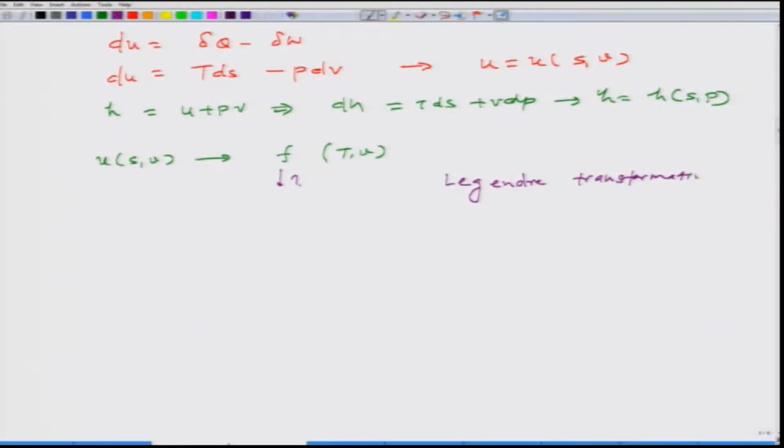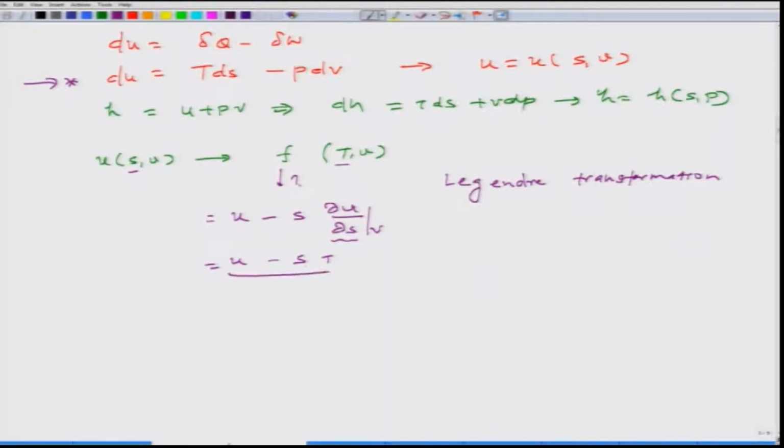Without giving a formal proof, if you want to change this variable from S to T, this can be done by taking the function U minus the variable which you would like to change times the partial derivative of U with respect to that variable at constant V. From this expression, the partial derivative of U with respect to S is nothing but T. So, the Legendre transformation allows you to change this variable from S to T by using this particular expression.